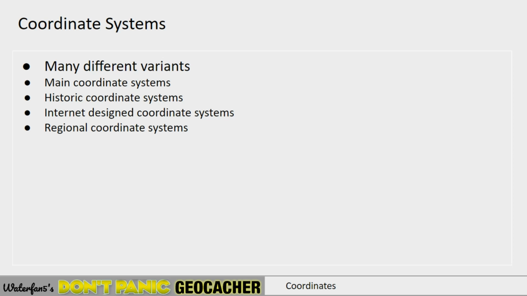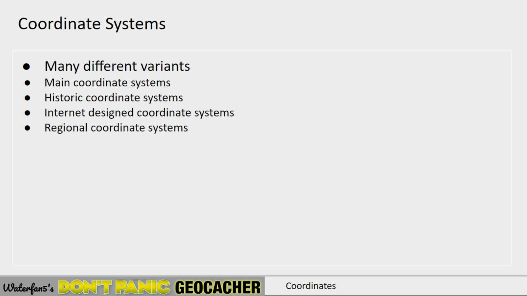So I'm going to talk about some historic coordinate systems that might be used, especially when you try solving older mystery caches. And I'm also going to talk about some popular internet-based coordinate systems that are also popular because they might be able to create different styles of puzzles. And I'm going to show some of them to you and how to recognize them. And finally, I'm also going to talk to you about some regional specific coordinate systems.